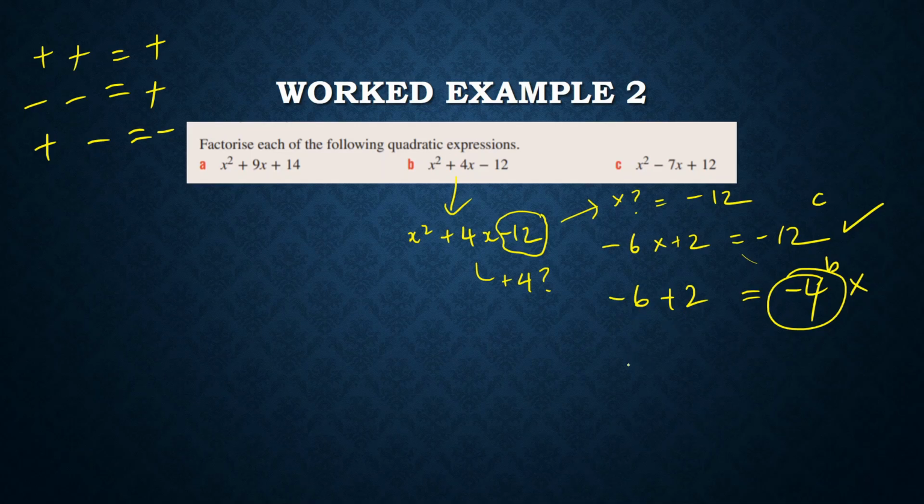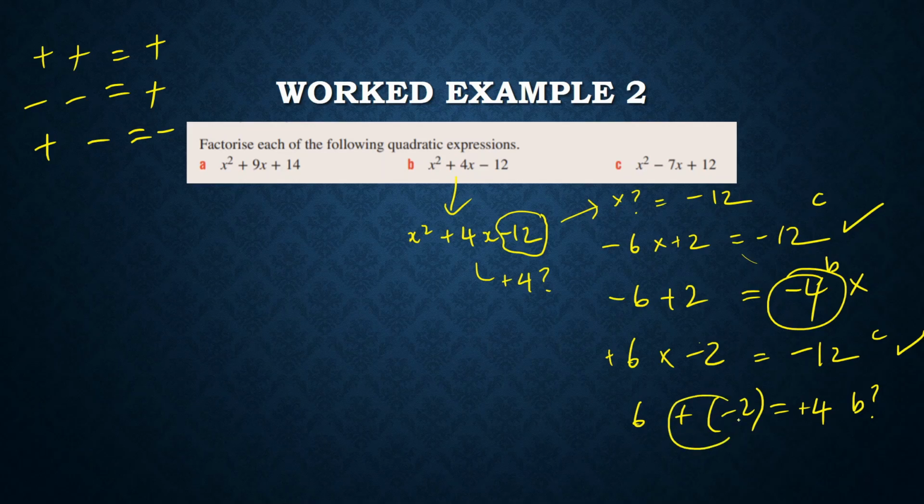So if I had 6 times negative 2, all right, so that's a plus minus, which is a minus. 6 times 2 is 12. Okay, so that ticks off the C, which is the negative 12. Will it tick off the B being positive 4? Okay, so we can say 6 plus minus 2, plus minus is a minus according to our little diagram up here.